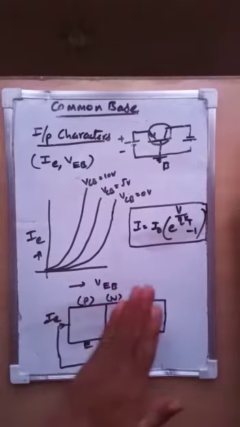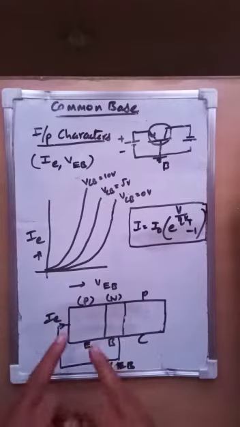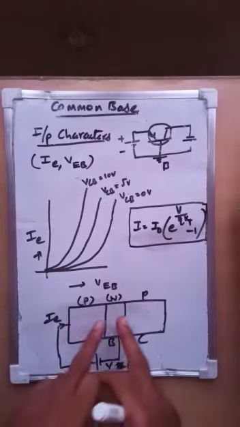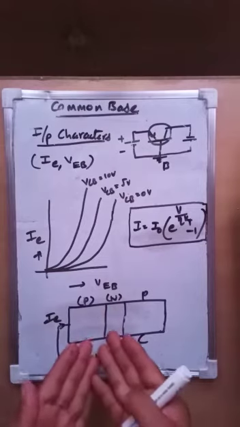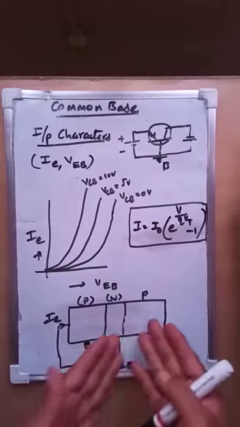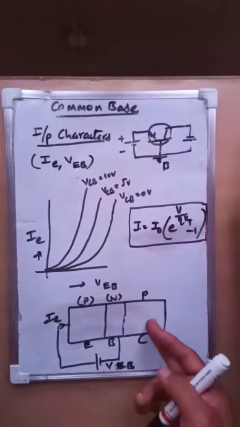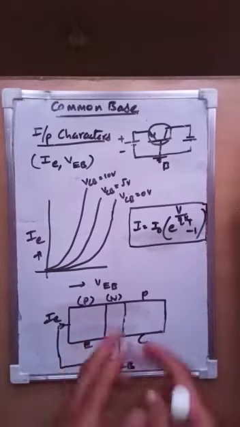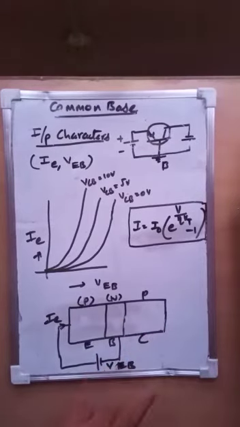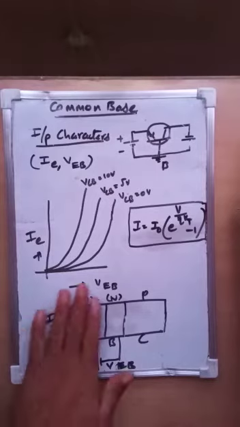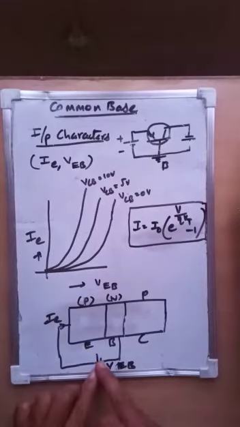Then all the holes enter the base. Let us assume the number of holes in the emitter is 20, the number of majority carriers, electrons, in the base is 5 because of its very low doping concentration, and the number of holes in the collector is 15.